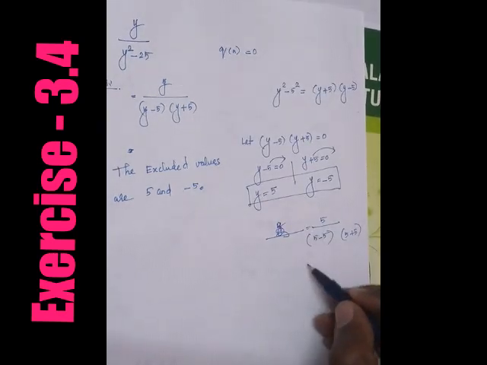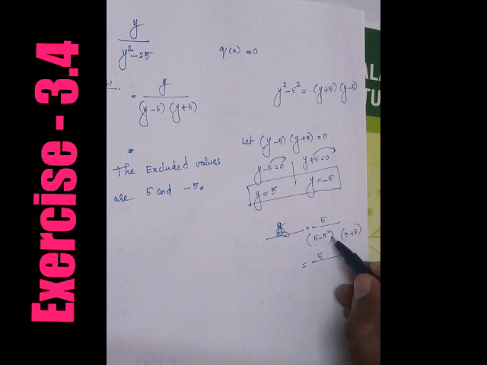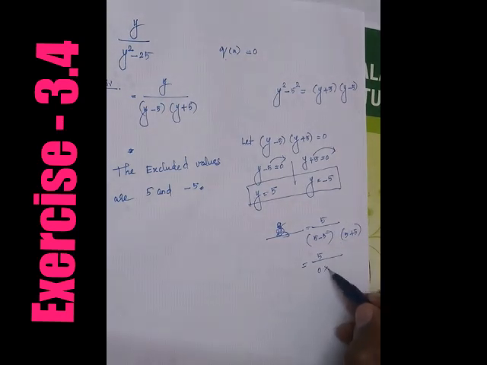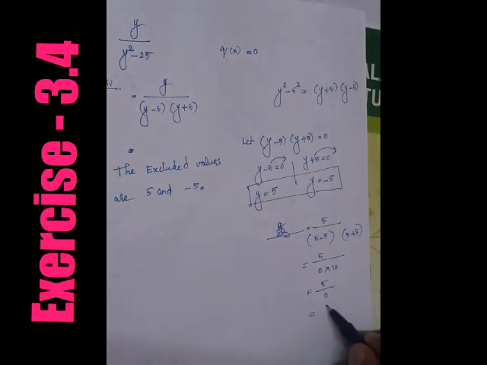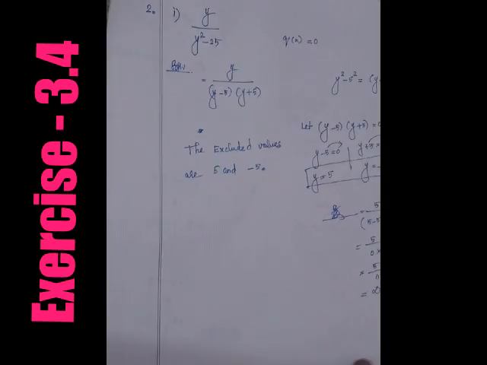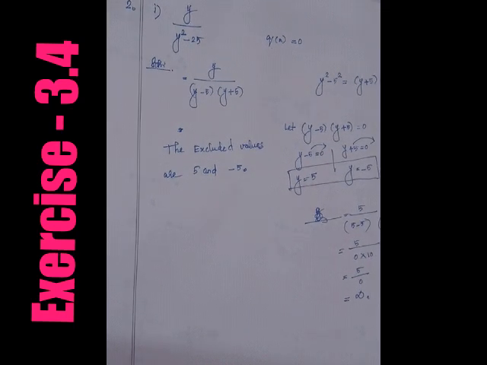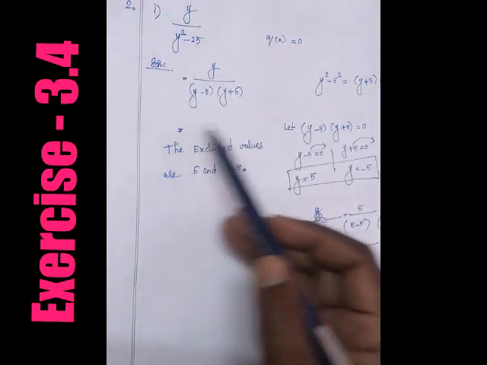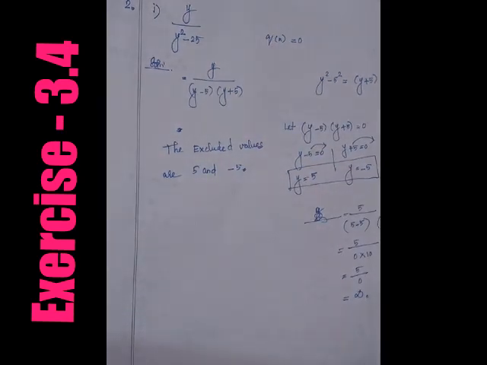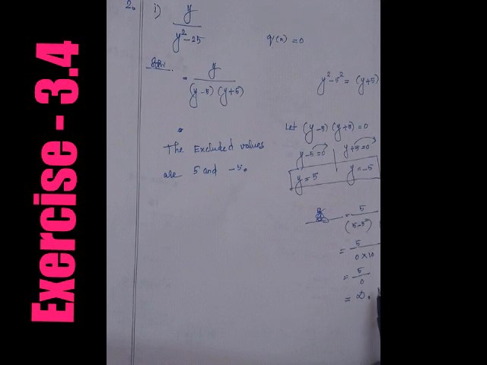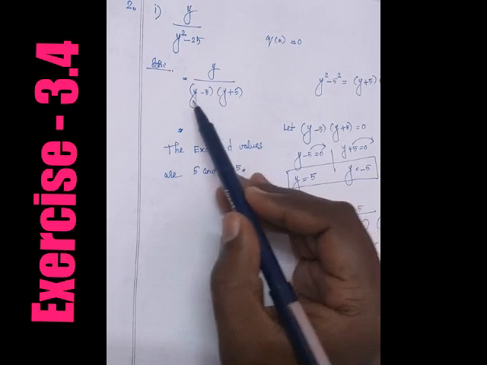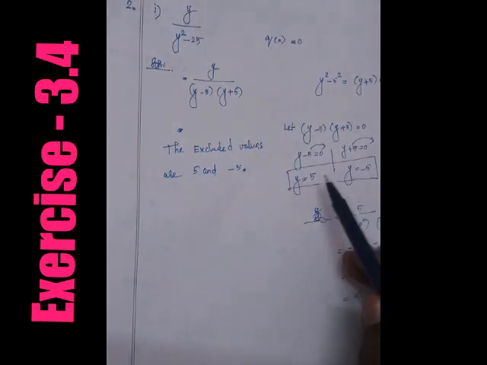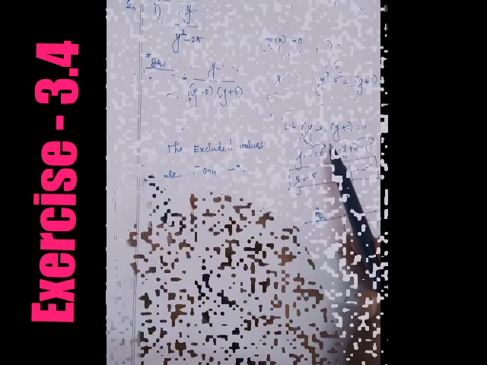So what do we have? 5 by 0 into 10, so 5 by 0, which is undefined, or the term is not defined. That's why we say this 5 and minus 5 are the excluded values of this rational expression. You need not write this one, this is just verification. You first find the linear factors form, then you can find the value of the variable.